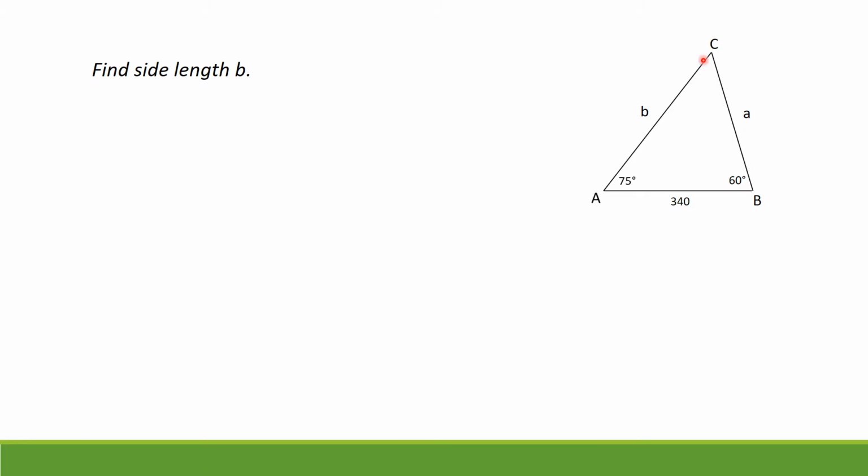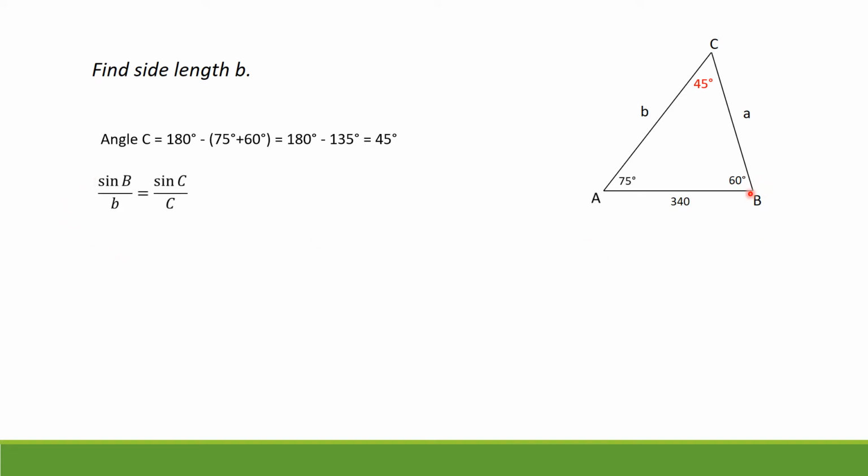That the interior measure of all angles is 180 degrees, right? So we know 2 of the 3, and we know that all 3 have to add up to 180. Therefore, we could find angle C as well. Angle C is going to be 180 minus (75 plus 60) degrees, which gives us angle C equals 45 degrees. Now we have a setup where we can use our law of sines.